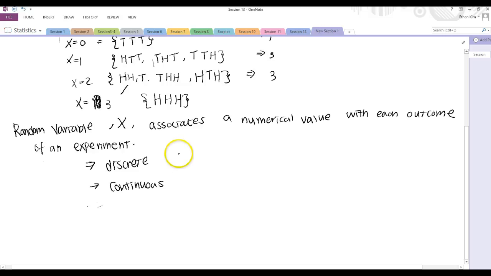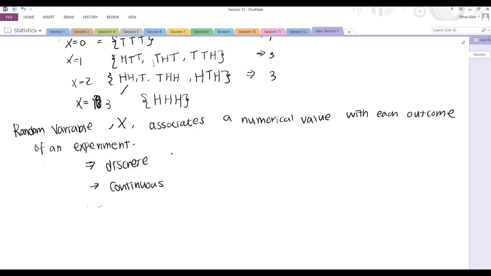So to be fair, I would say that discrete cases are one of the more special cases. Okay, so those are what we define as random variables, and the set of values that x can take, the sample space for x, is called the range space. That's just the term that we use.